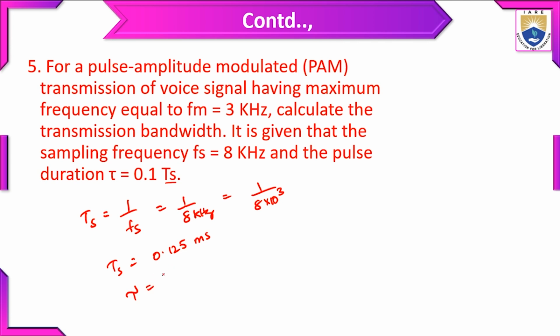Tau is equal to 0.1 Ts, so 0.1 into 0.125 millisecond. Multiplying, the pulse duration is 12.5 microsecond. You can convert it into microseconds. So you find the pulse duration.